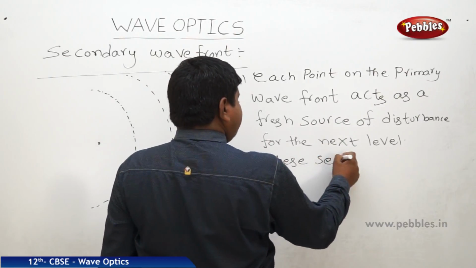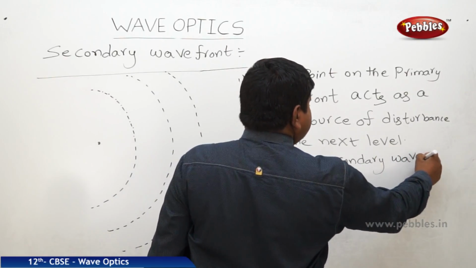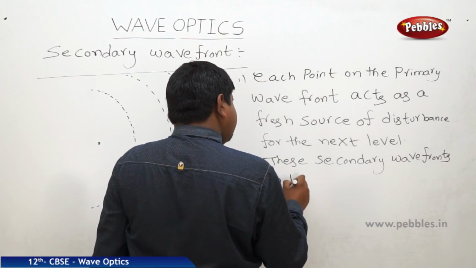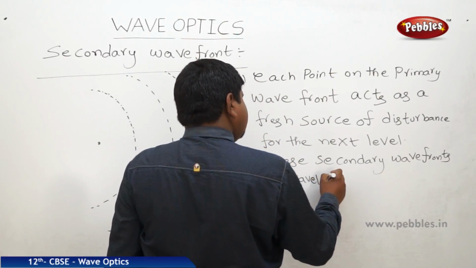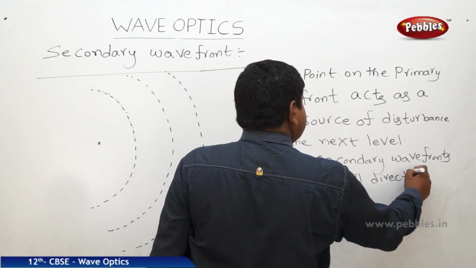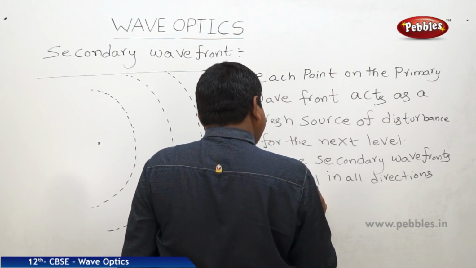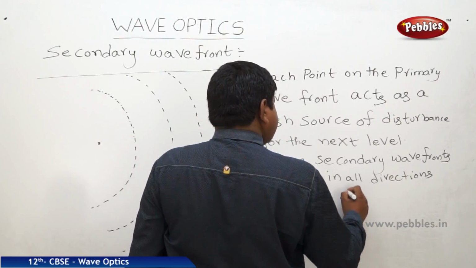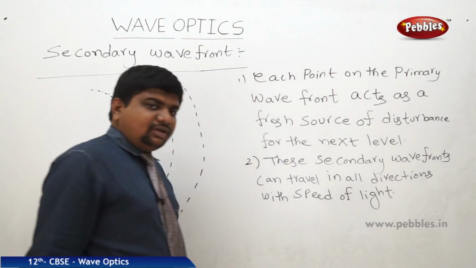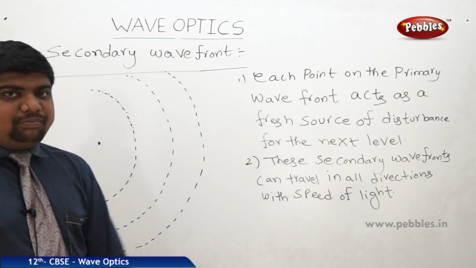These secondary wavefronts can travel in all directions with the speed of light, not only localized to one plane.